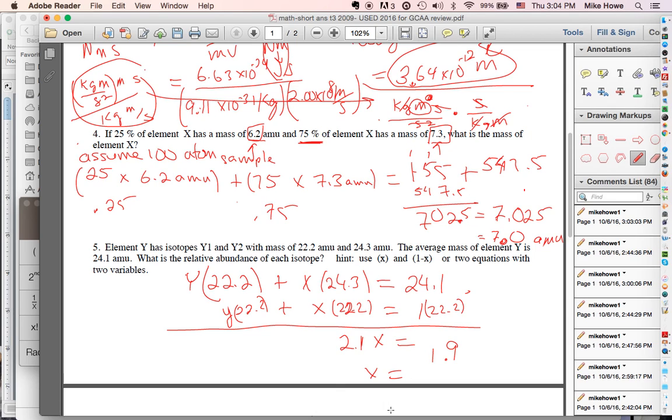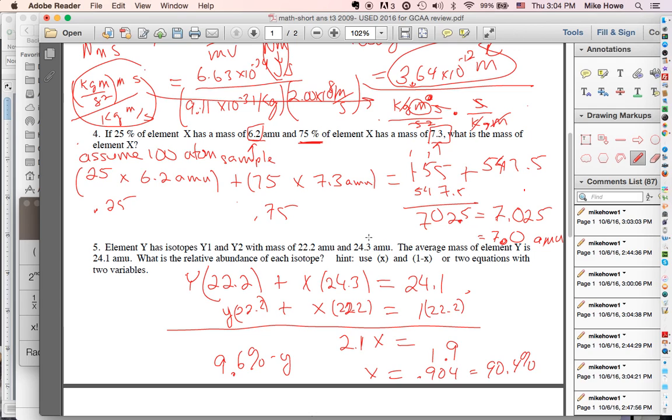So x equals 0.904, which means that 90.4% of the sample was x. And that means that 9.6% was y. So 100 minus 90.4 is 9.6. Now, does that make sense with what we know earlier?